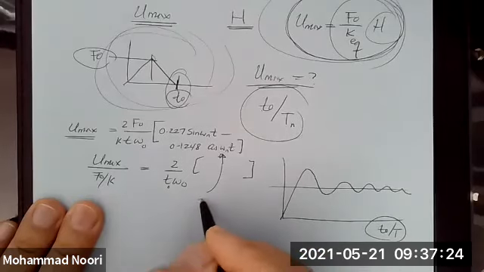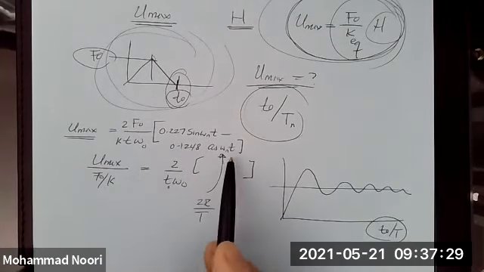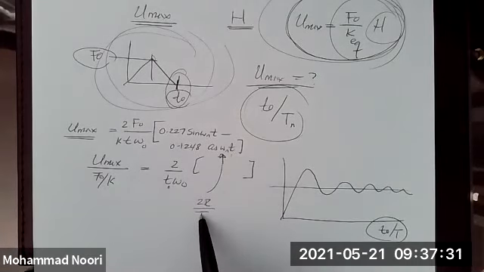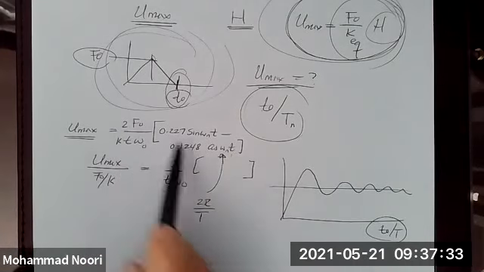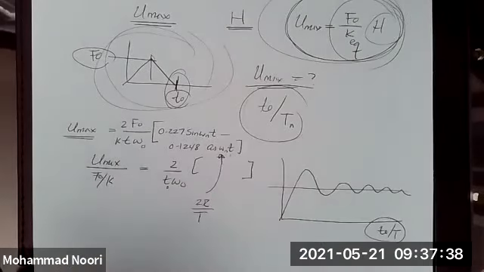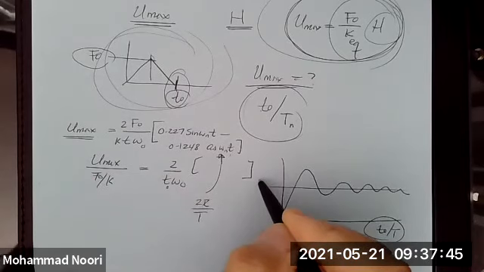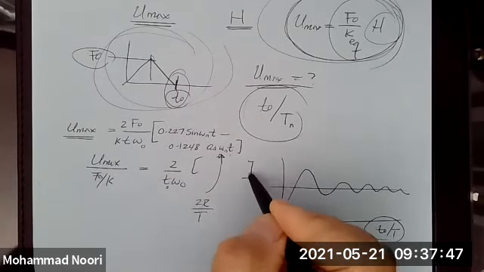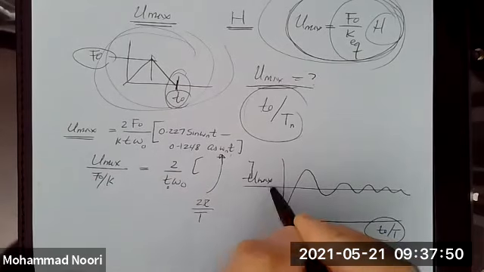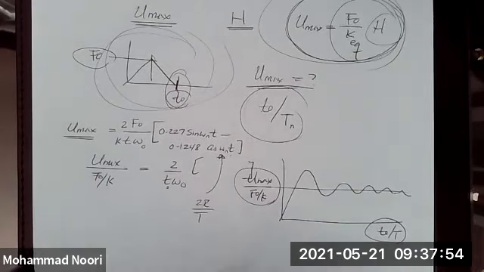So you convert omega n to 2 pi over T, where T is the natural period, and then you reformulate this and express that equation in terms of T naught over T, and you plot basically this U max over F0 over K, you get a function like this.